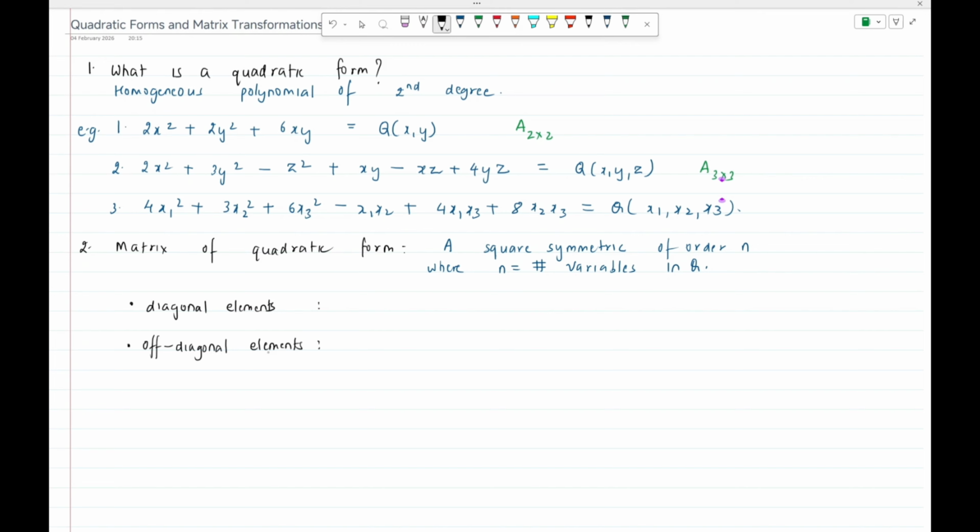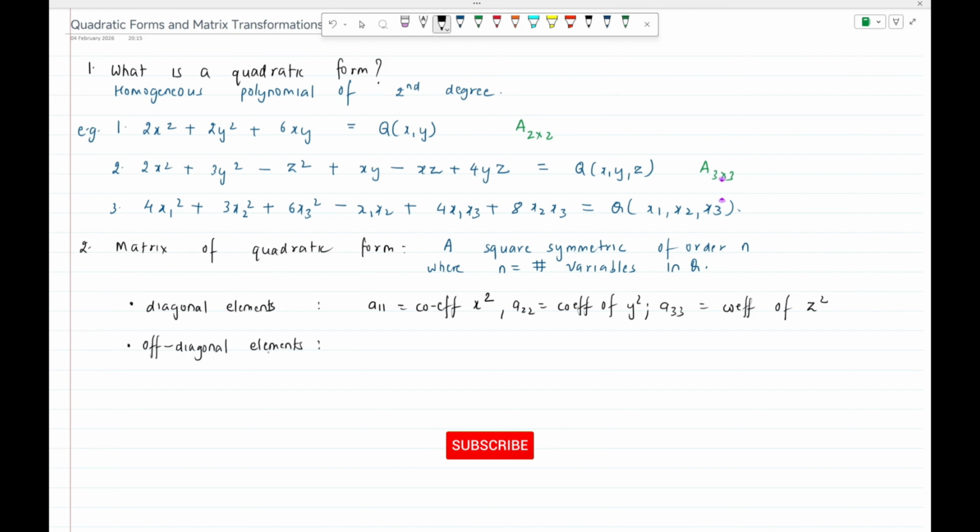Now the diagonal elements are going to be A11, A22 and A33 in case of a 3 by 3 matrix. A11 is nothing but the coefficient of x square, while A22 is the coefficient of y square and A33 is the coefficient of z square.